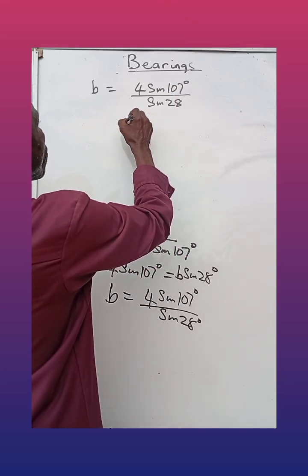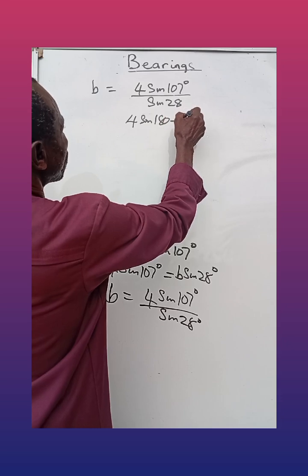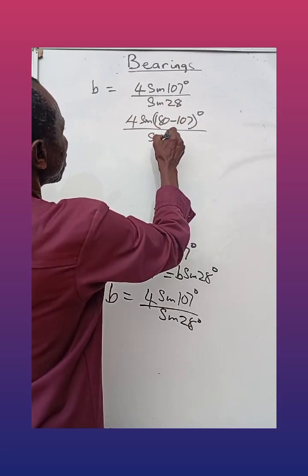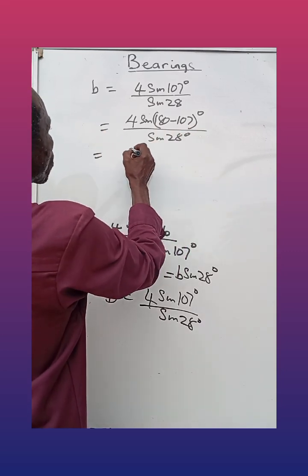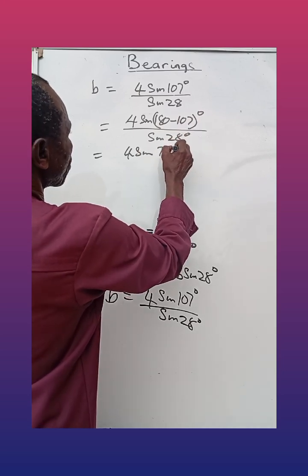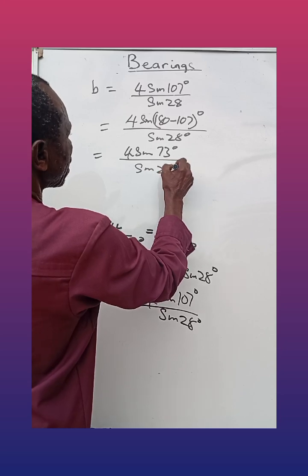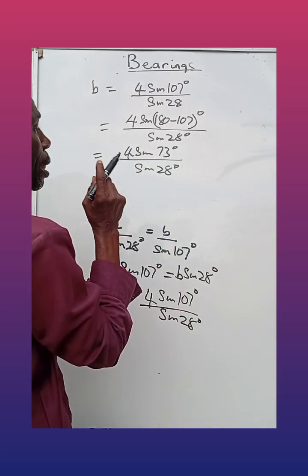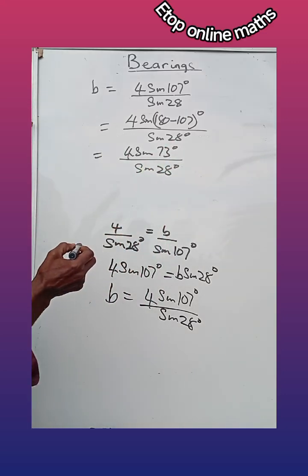We now say 4 sine 180 minus 107 degrees over sine 28 degrees equals 4 sine 73 degrees over sine 28 degrees. Now, take note, sine in the second quadrant is positive, so this remains a positive number.